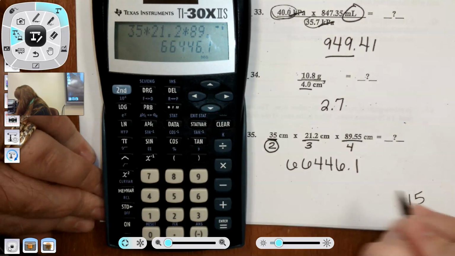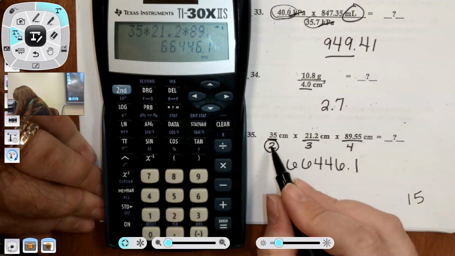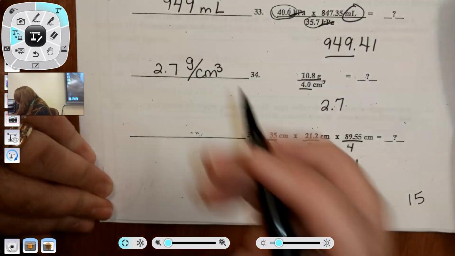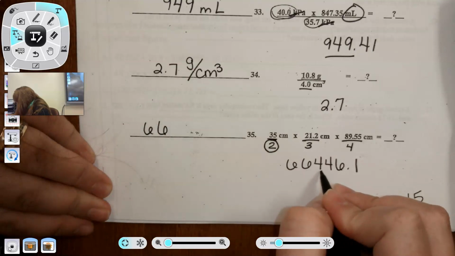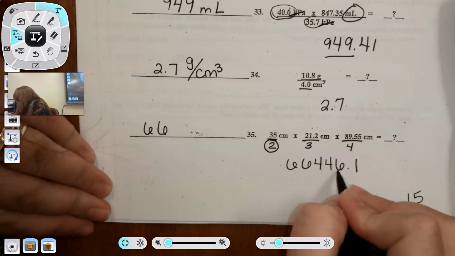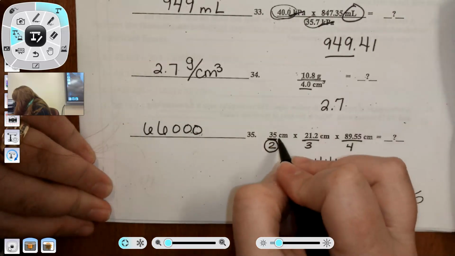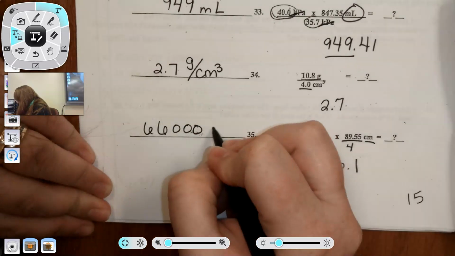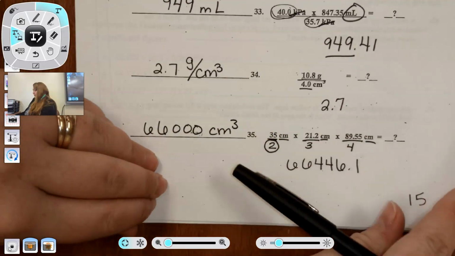Okay, but we can only have 2 sig figs in our answer, so this is going to be 66, because that 4 keeps that as a 6, and then those have to be replaced as zeros. And my answer is going to be centimeters times centimeters times centimeters, which is centimeters cubed. That's page 15.